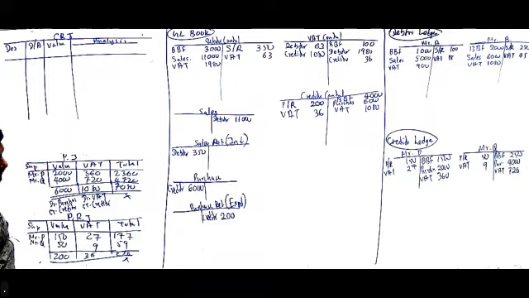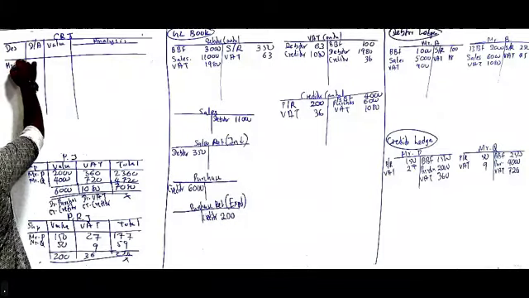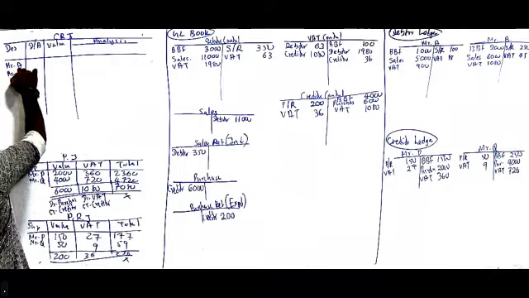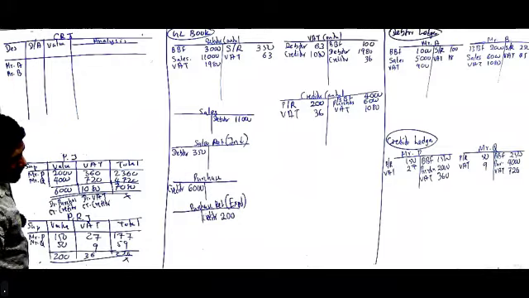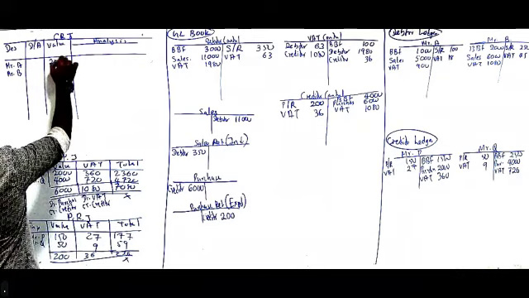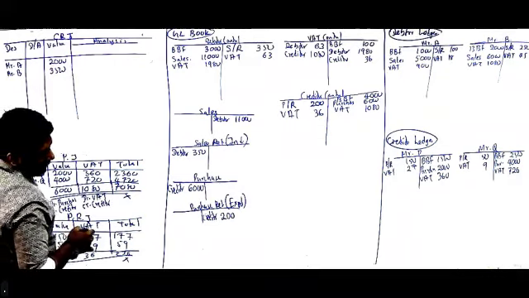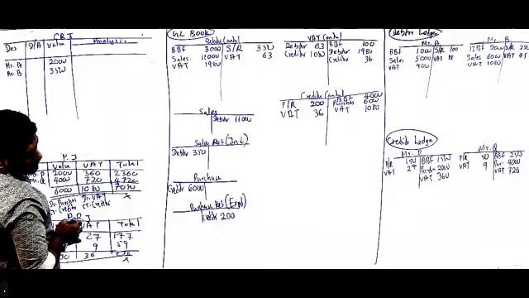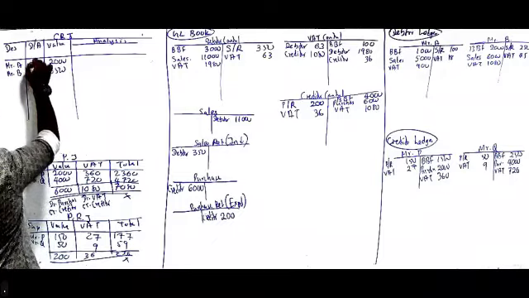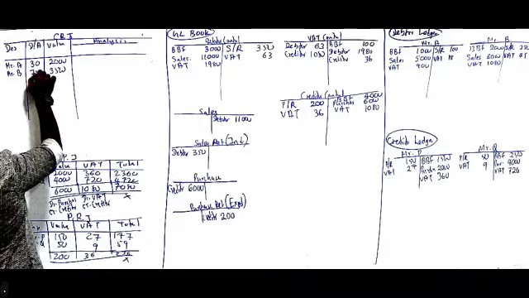Okay. So we have cash receipt from Mr. A. From Mr. A, cash receipt is there. From Mr. B, cash receipt is there. From Mr. A, cash receipt 2000. Mr. B, 3500. Discount also there. 30 and 75.